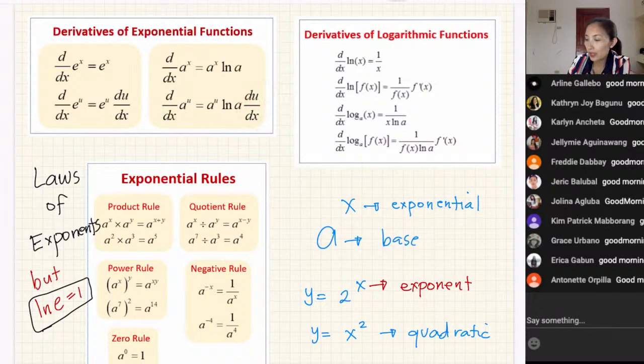So we still have to get the derivative of u with respect to x. For e to the x, its derivative is e to the x. For e to the u, it's e to the u times du. For a to the x, it's a to the x times the natural logarithm of a. And for a raised to u, where u is differentiable, then it is a to the u times the natural logarithm of a times du.